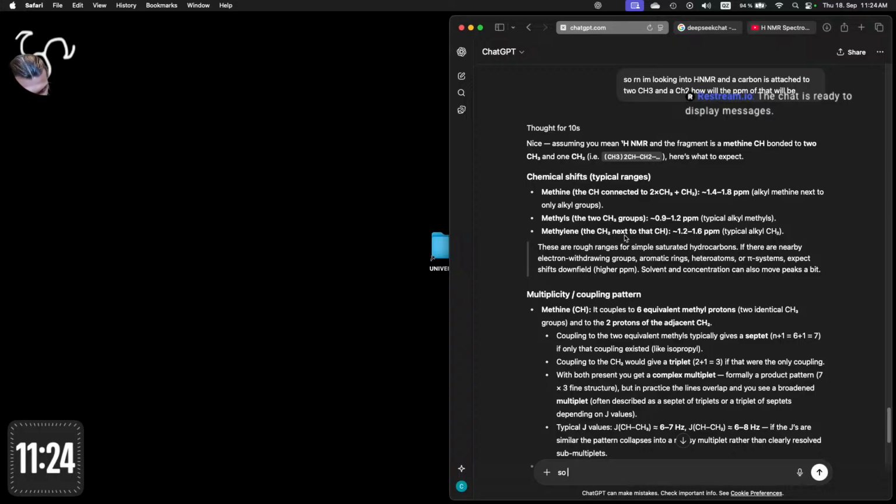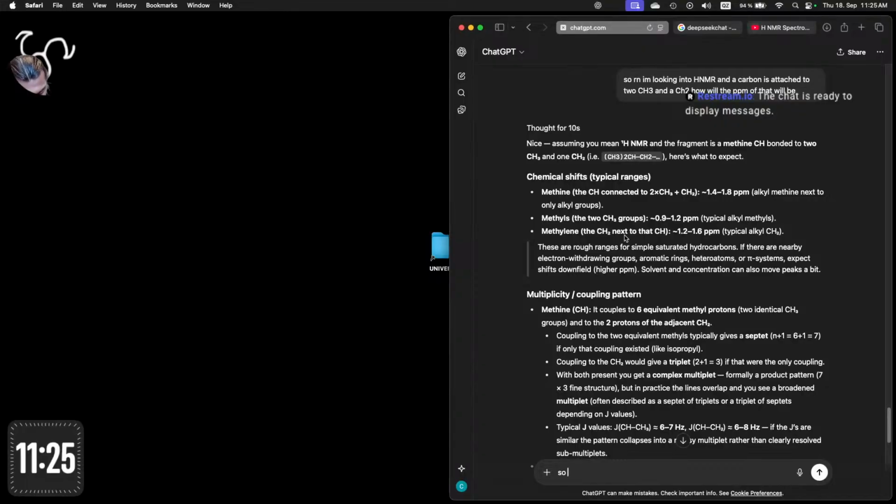B, 1 hydrogen. This is 6 hydrogen. C, that's 1.3. Five splits. 1, 2, 4, 5.